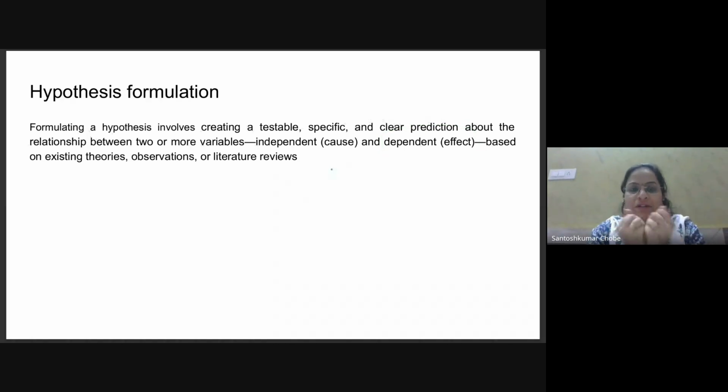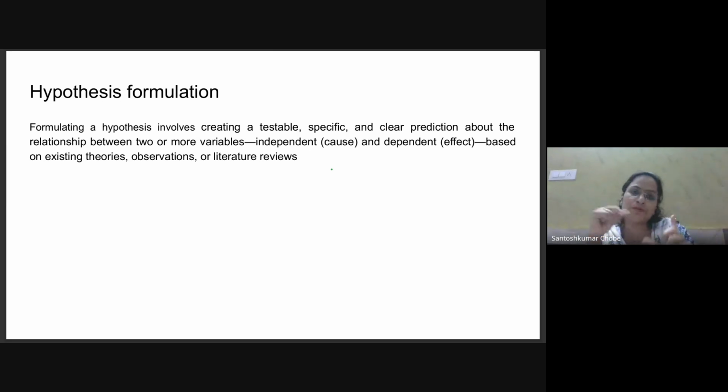As we cut more trees, there is a temperature increase in the climate, or there will be less rainfall. The cause is the cutting of trees. That's my independent variable. And the effect is reduced rainfall or increased temperature. That's my dependent variable. I hope you understood.